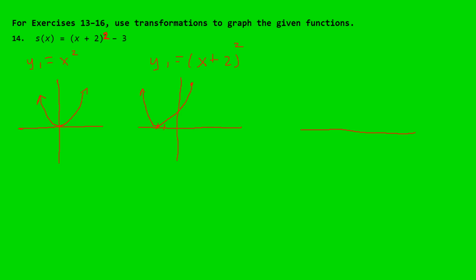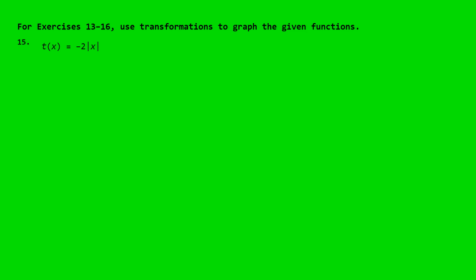I don't want to say memorize, but the vertical transformations are the way you think they should be, but the horizontal ones are the opposite of the way you think they should be. So we're going to go down 3 from what we have in stage 2, put the vertex down here. Same parabola, same shape, same wideness, but it's just been shifted downward 3 units.